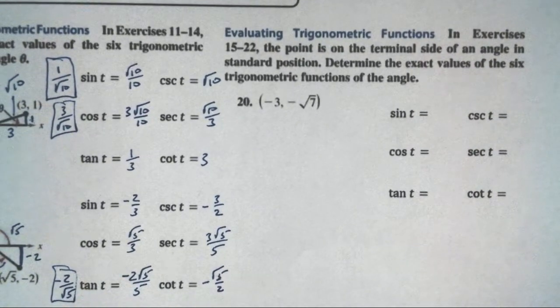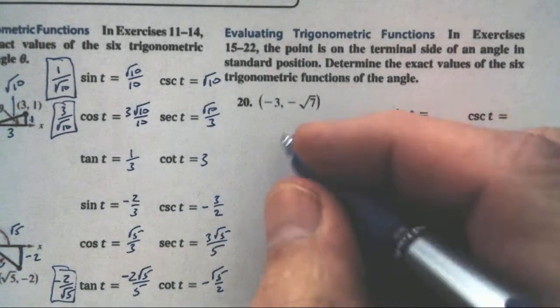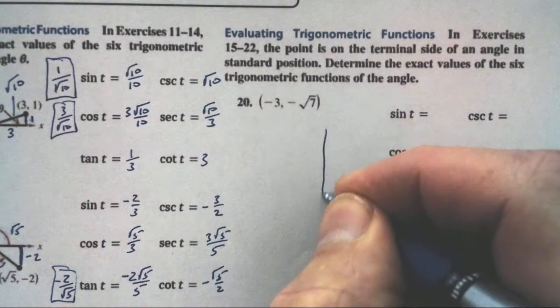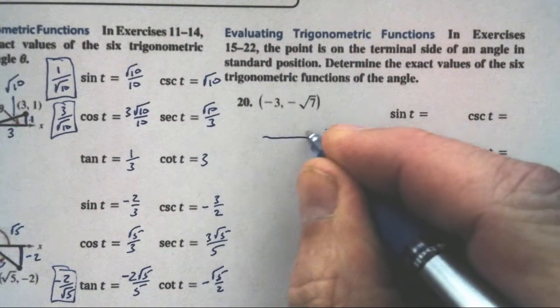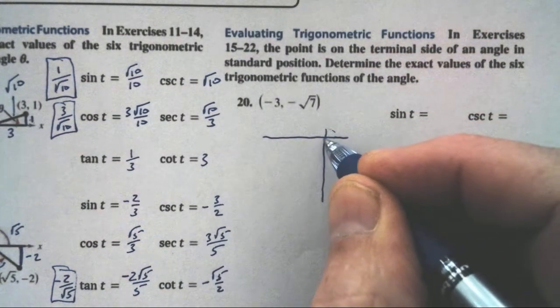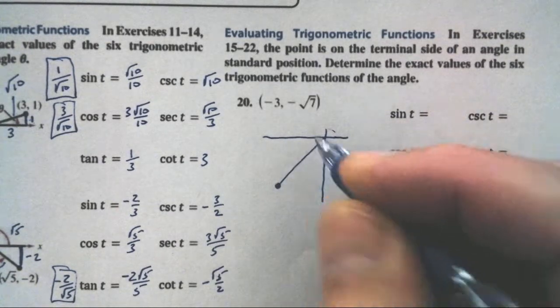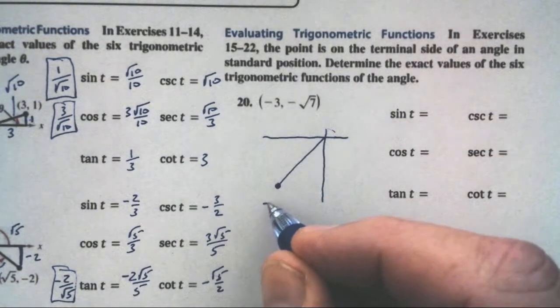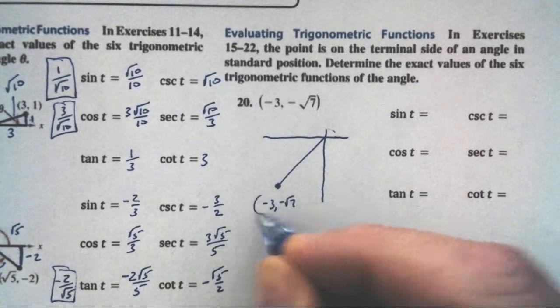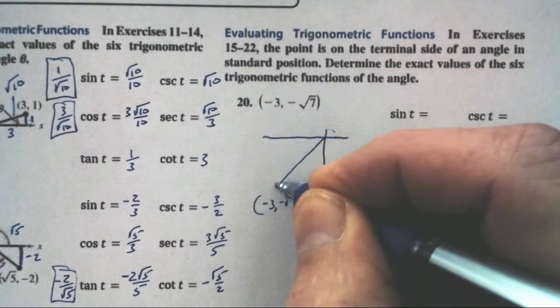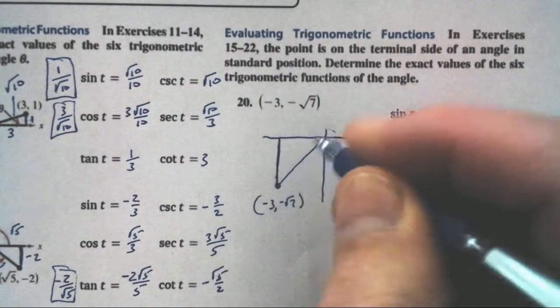The point is on the terminal side of an angle in standard position. So we have, this is third quadrant, we have an angle that rotated around until it went through, I'm not even going to try to draw it to scale, the point negative 3, negative square root of 7. So I build my reference triangle.